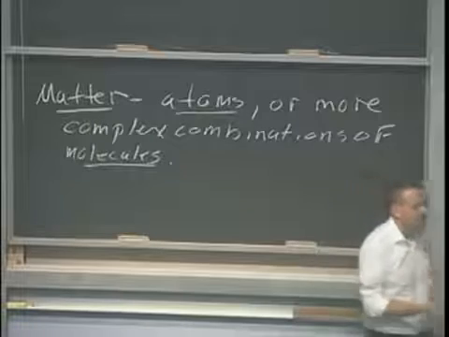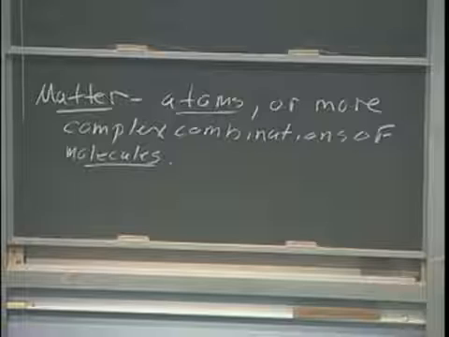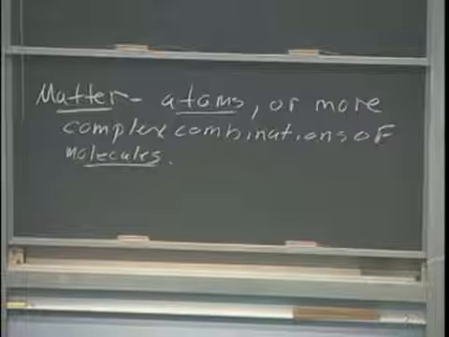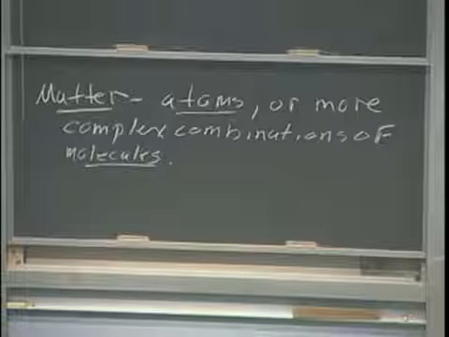And molecules, in terms of heat and temperature, can usually be thought of as single units, unless there are chemical reactions that are taking place. So we'll come back and talk about that in a second.